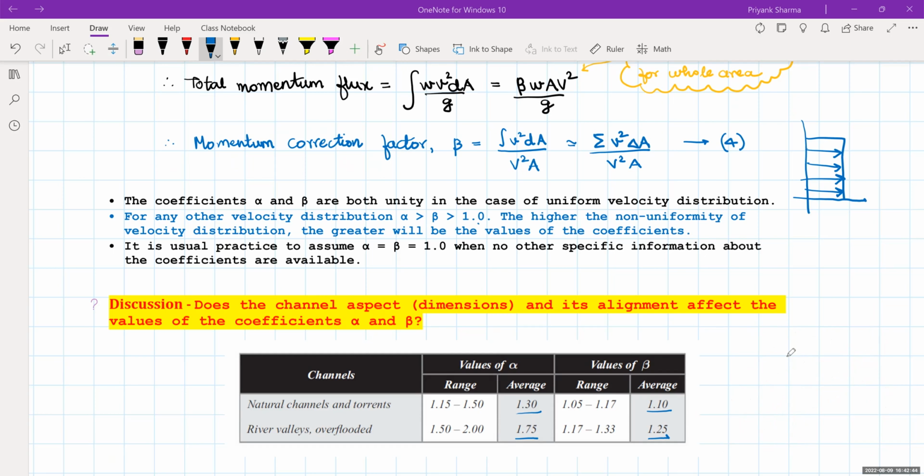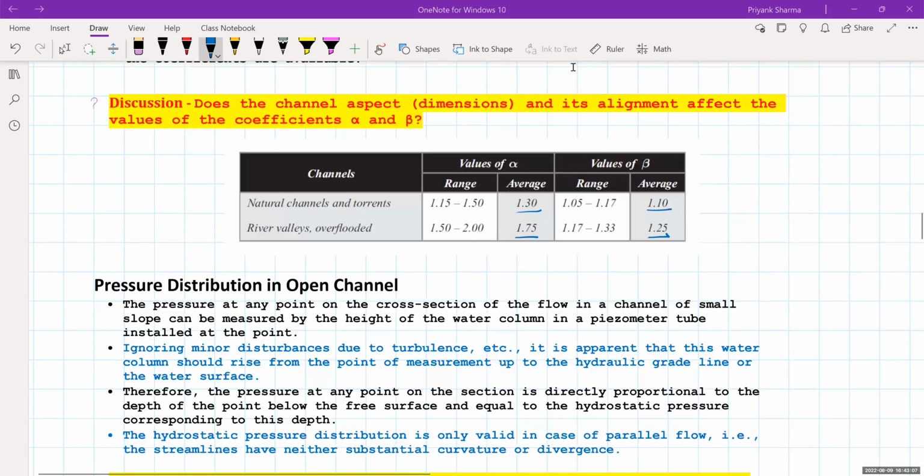If they affect the velocity distribution, then they can affect the coefficients, but in what way, that is the linkage you have to establish. For a narrow or wider channel, straight or curved alignment, where will there be more non-uniformity and where can you expect larger variations of alpha and beta? That is a point you have to think upon.